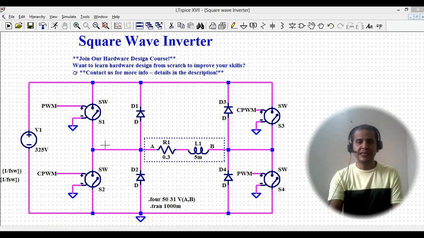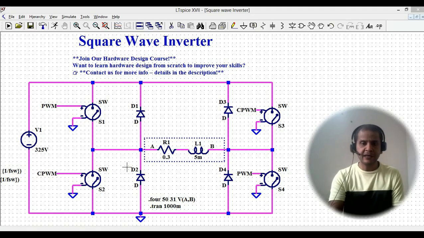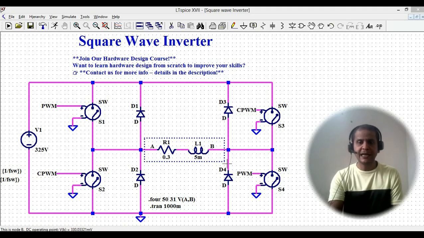So these are the anti-parallel diodes which I'm using in parallel with your 4 switches. That is D1, D2, D3 and D4, where D1 is for switch 1, D2 is connected in parallel with switch 2, and so on. D3 is for switch 3 and D4 is connected in parallel with switch 4.